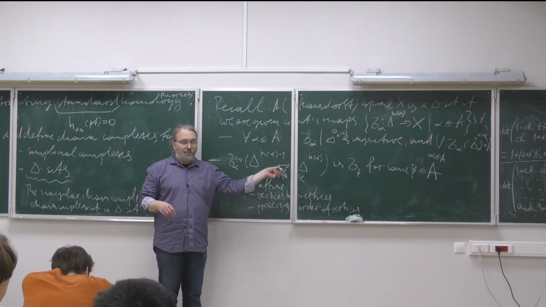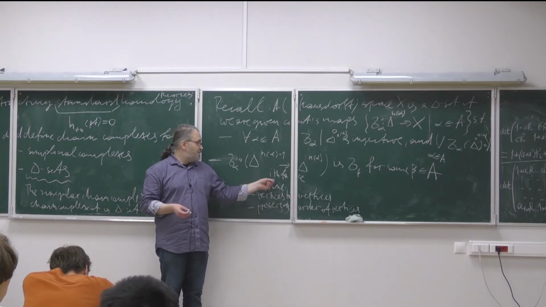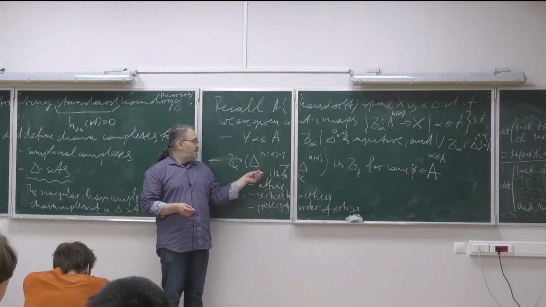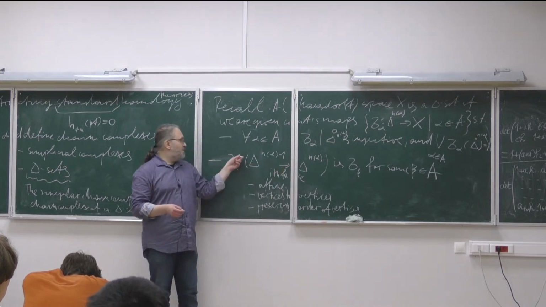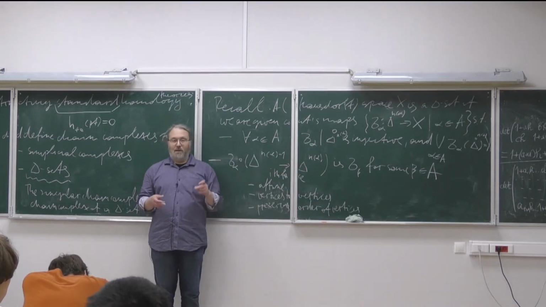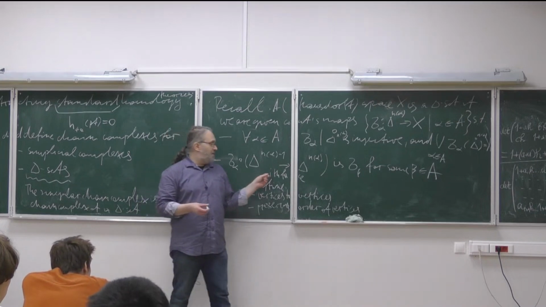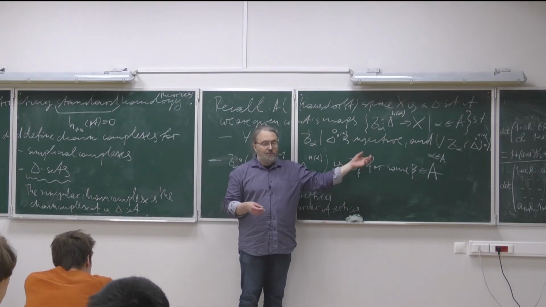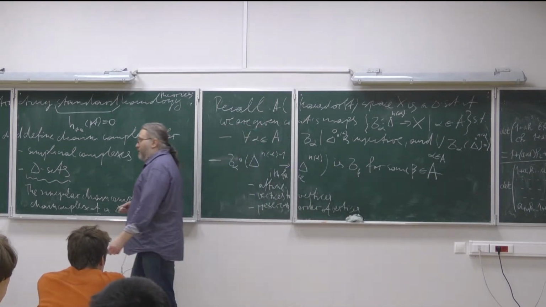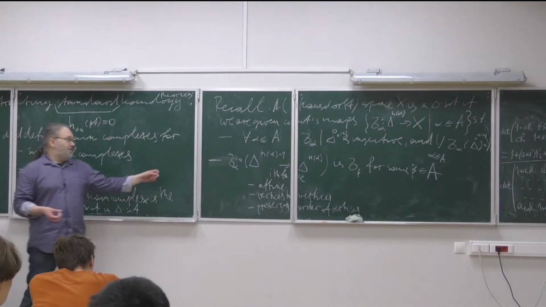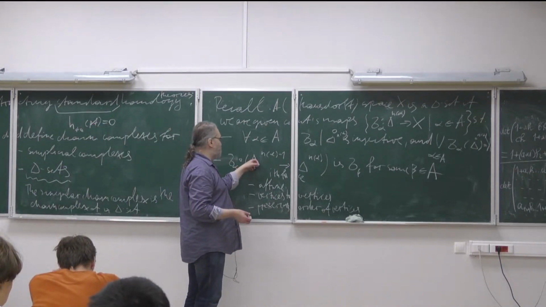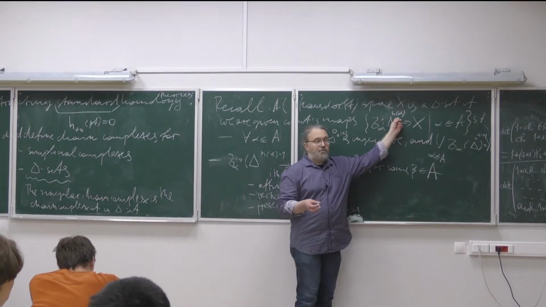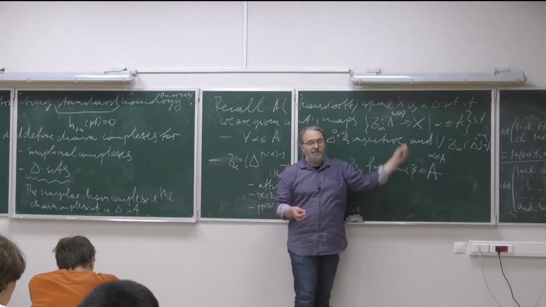So there is no ambiguity. There is one such map for every i. So let's take this one and compose it with sigma alpha. Our requirement is that this map is the same as sigma beta for some beta. So the resulting map from this simplex to X should be on the list of these maps.